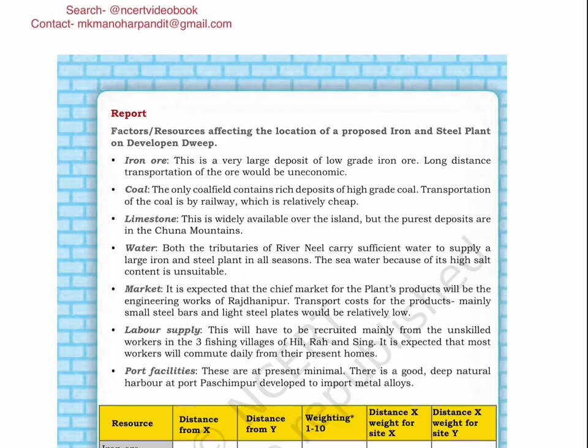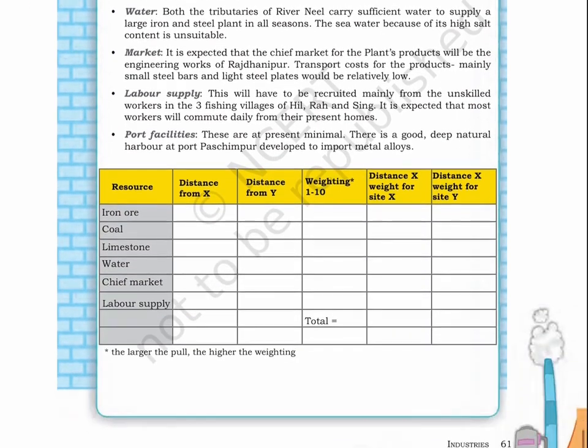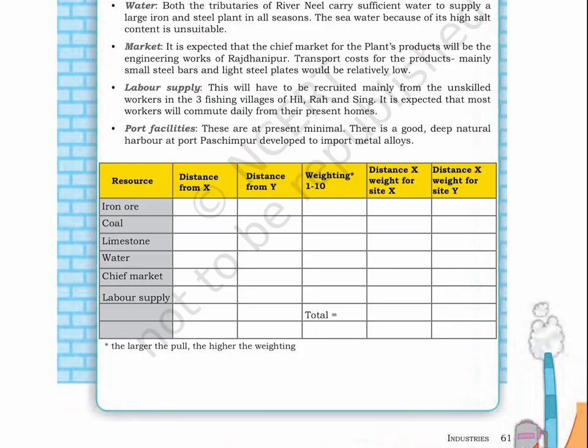There is a table given to fill the distance and weight from two sites, X and Y, suggested by the team. There are 6 columns in this table. Resources are mentioned in the first column and you have to fill the distance from X, distance from Y, weighting 1 to 10, distance times weight for site X, distance times weight for site Y columns.